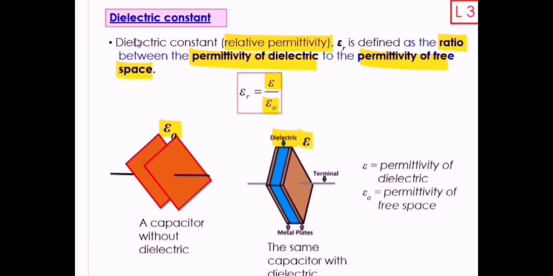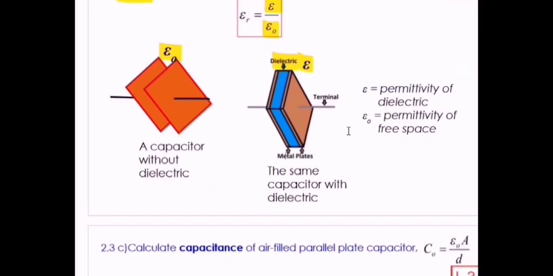So relative permittivity is the dielectric permittivity divided by the permittivity of free space, that means a capacitor on its own without a dielectric in it. So that's the dielectric constant.